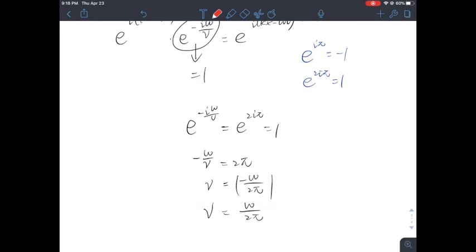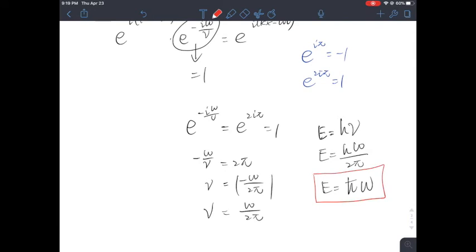Energy E is equal to the Planck constant times the frequency. So now we know the frequency, let's plug it in. We have E equal to h times omega divided by 2 pi. Then h divided by 2 pi is bar h, the reduced Planck constant, so we have E equal to bar h times omega.